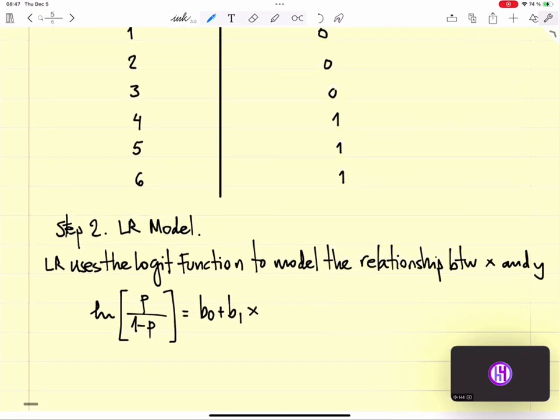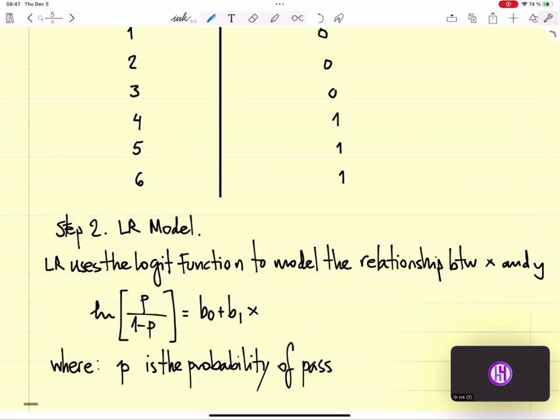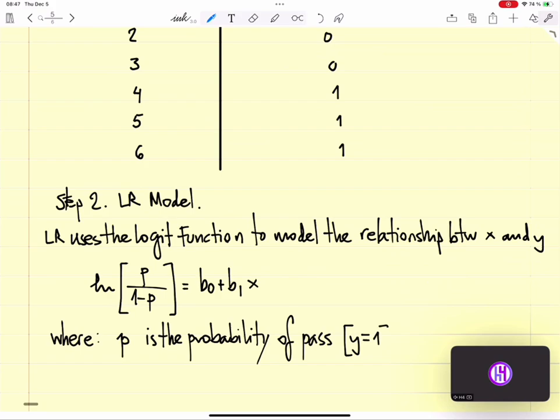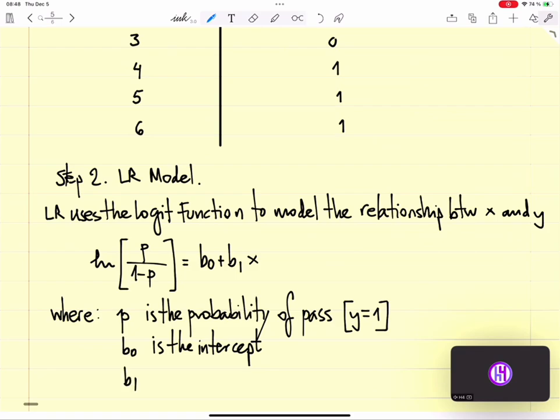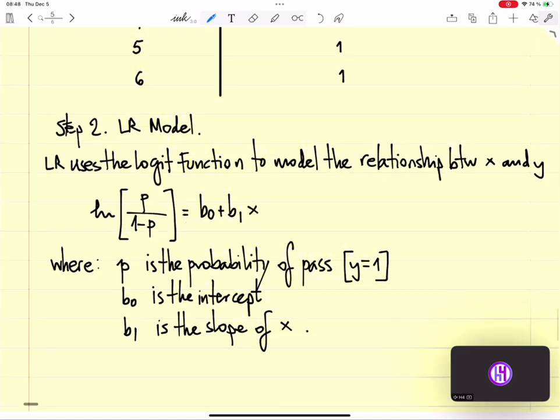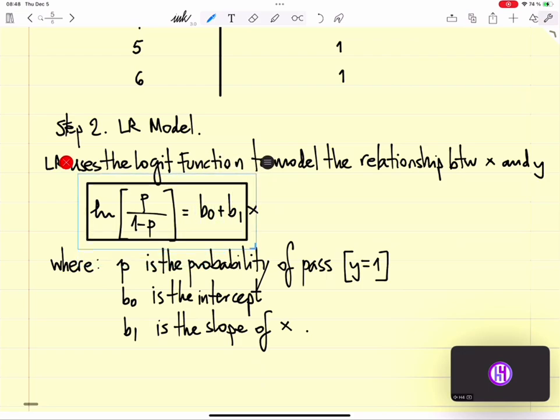Where p is the probability of pass, so y equals 1, b0 is the intercept, and b1 is the slope of X. Okay, so this is the logit function, something that you don't need to know, but you know now.